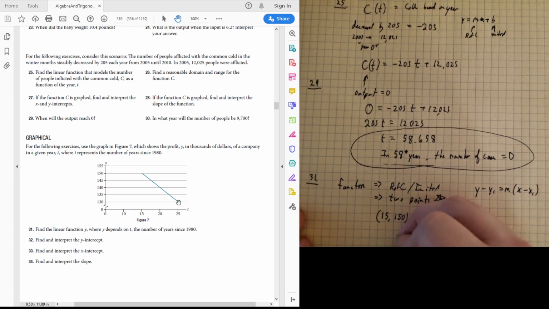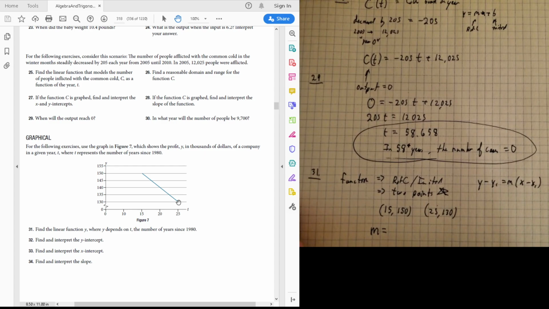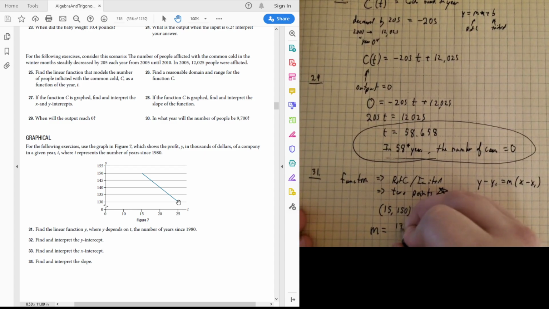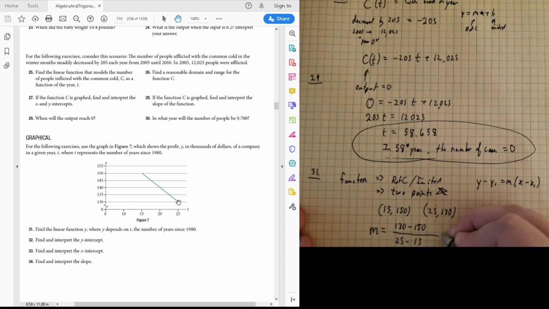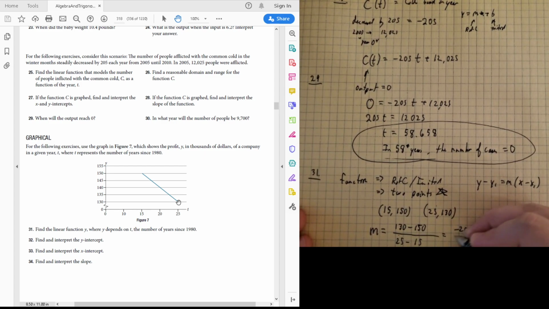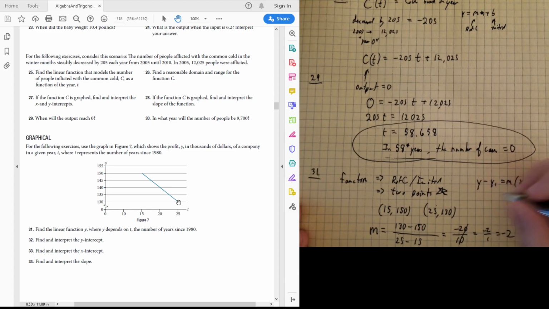Let's see. I have to plug into slope first. It always needs to be done first. So I do y2 minus y1 over x2 minus x1. I get negative 20 on top, positive 10 on bottom. These two cancel, leaving negative 2 over 1, or just negative 2. And now I can start plugging in.